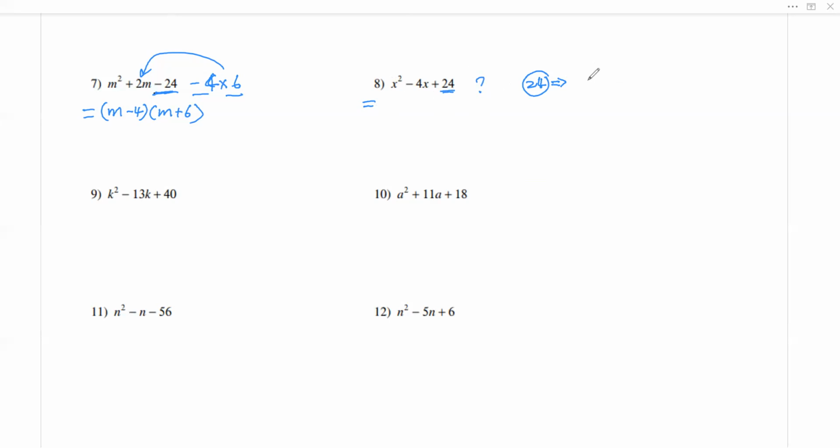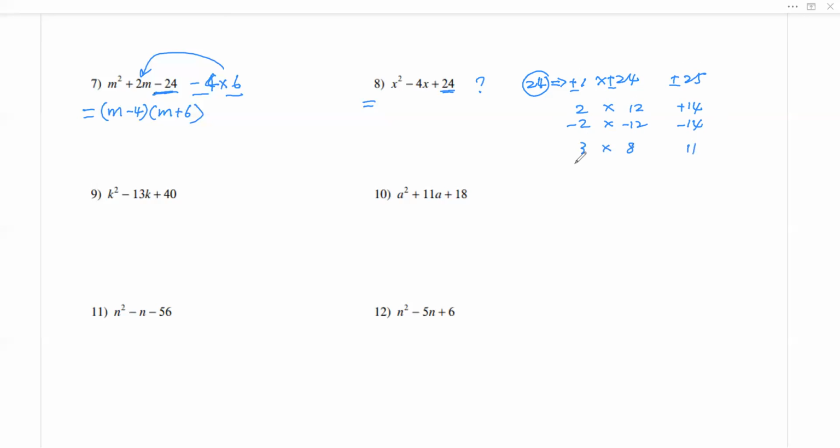Let's do it this way. If we really challenge 1 times 24, right? So here we get 25. Positive or negative, the two of them, or 2 times 12, or negative 2 times negative 12. Here is negative 14, positive 14, or 3 times 8.